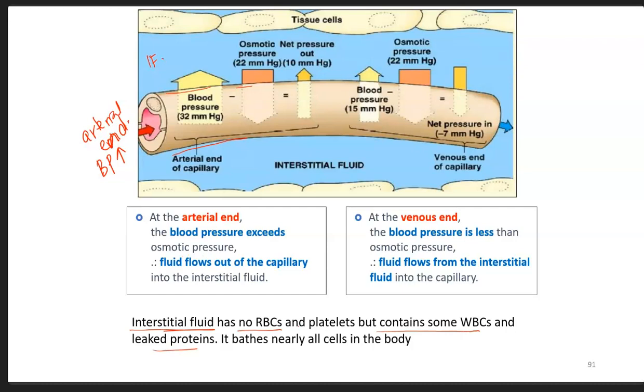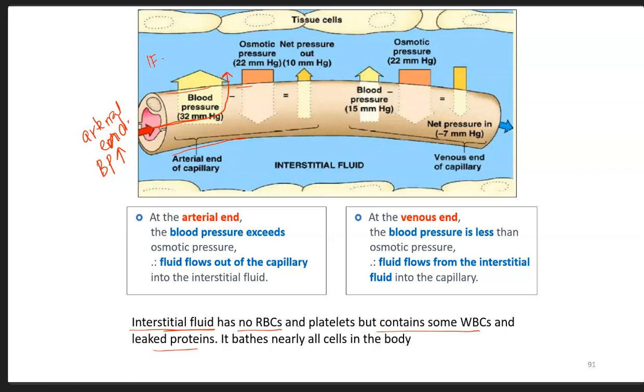Therefore, fluid flows out of the capillaries into the interstitial fluid. So the blood that flows into the blood capillaries from the arterial end will flow with high blood pressure and cause fluid from the blood to enter into the interstitial fluid.